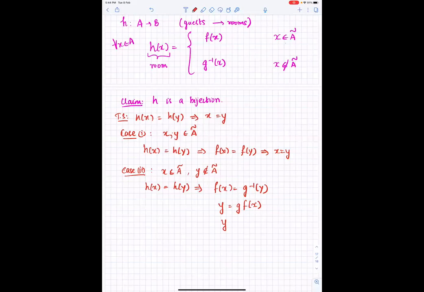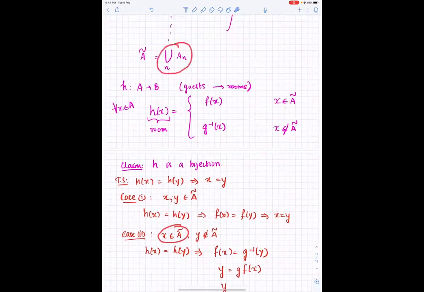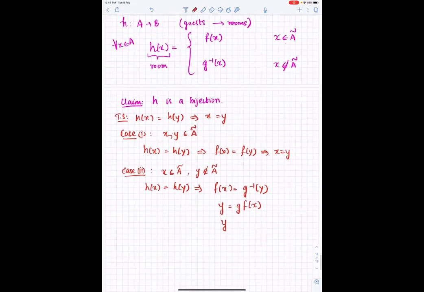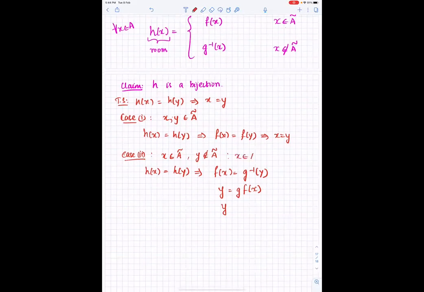So what is the set that y should be in? We know that x is in A tilde, so this means that it must be in one of these sets, in one of the A_i's. So we know that x is in A_n for some n. So what is the set that y is in? Just by definition, from the way we defined these sets A1 to An.